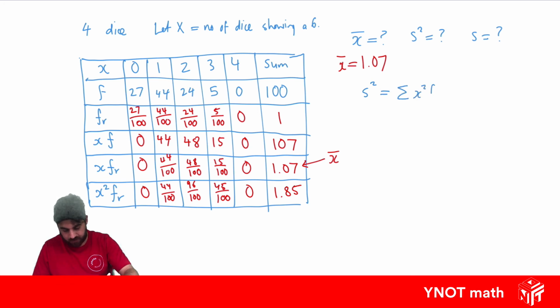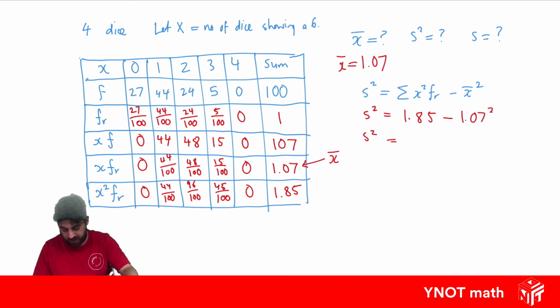And now we're ready to find our sample variance, because we know our sample variance is the sum of x squared times relative frequency minus our mean squared. Our sum of x squared times our relative frequencies is right here. So we get 1.85 minus our mean squared, which is 1.07 squared.